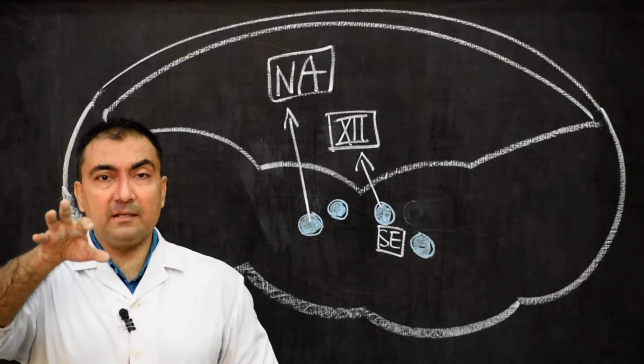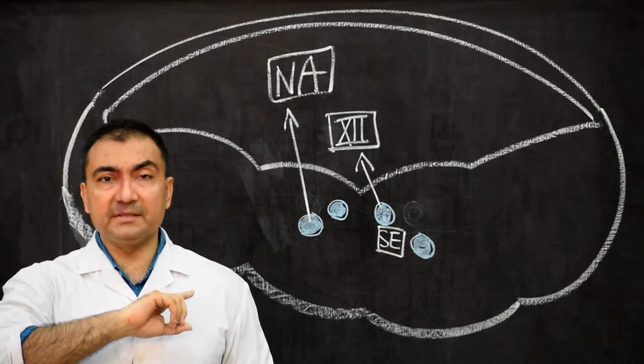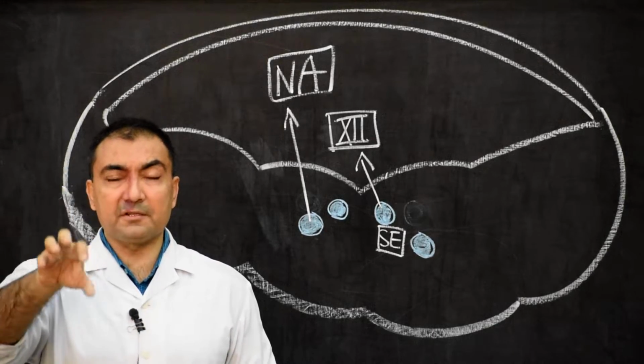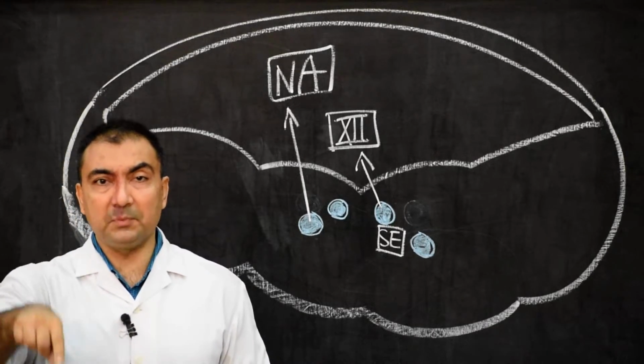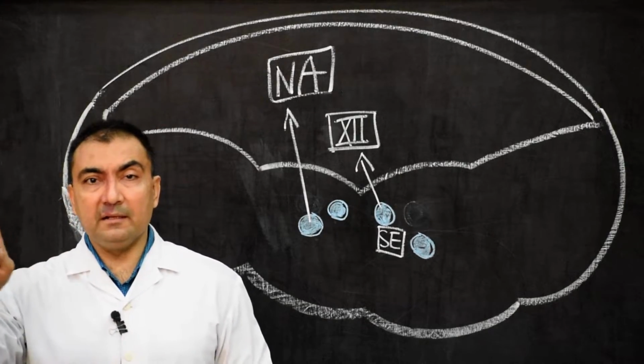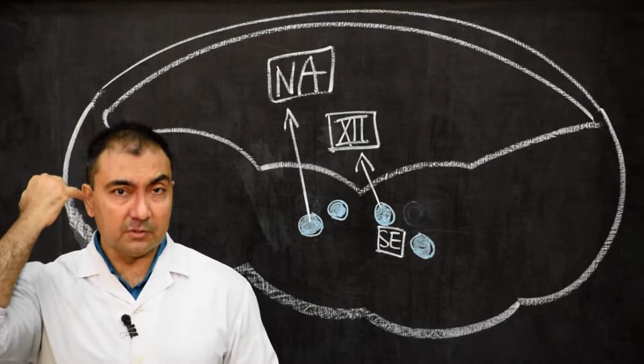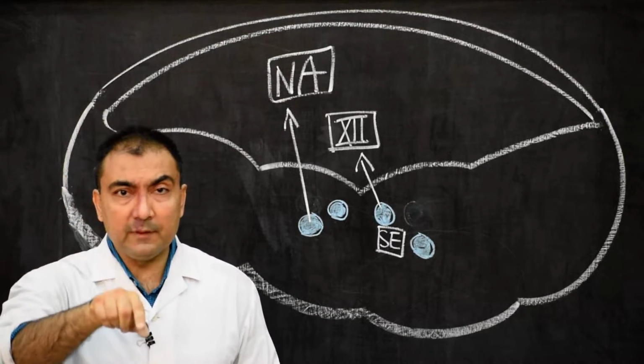Here this nucleus ambiguus consists of a collection of glossopharyngeal plus vagus plus cranial part of accessory nerve. So 9, 10, 11 cranial nerve nuclei together will form the nucleus ambiguus, and therefore it will develop from which branchial arches?